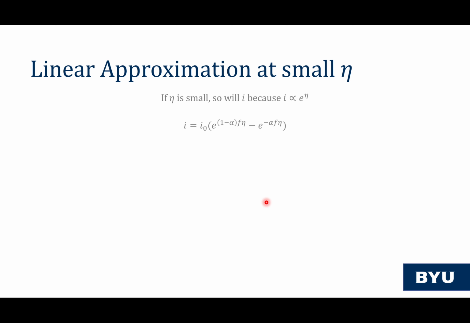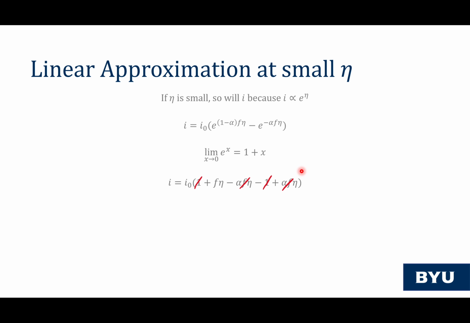So in that case, we take our expression here, and we say that eta is very small, which means that the whole term of x is very small, and we can approximate that as 1 plus x. So we can take this equation and approximate it at small overpotentials to be equal to this equation.